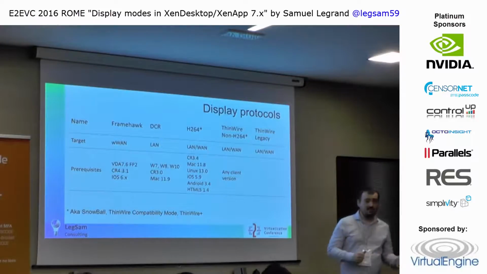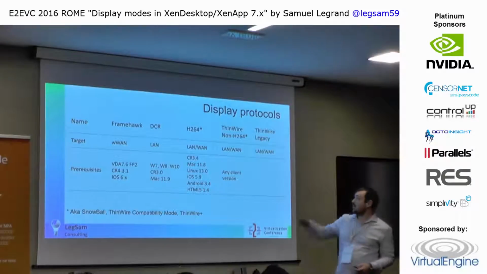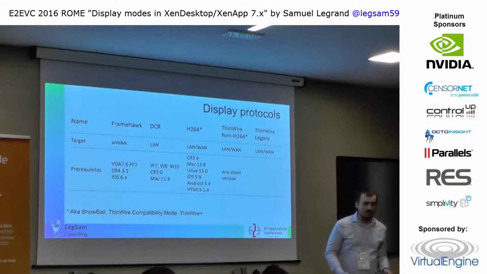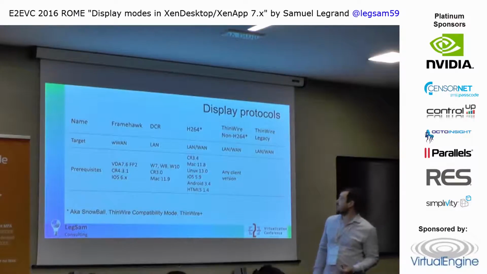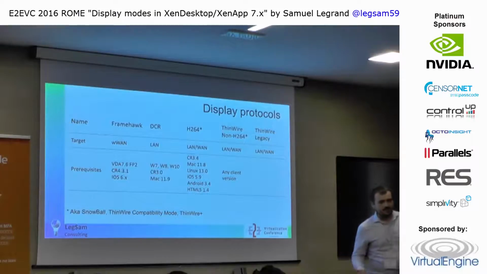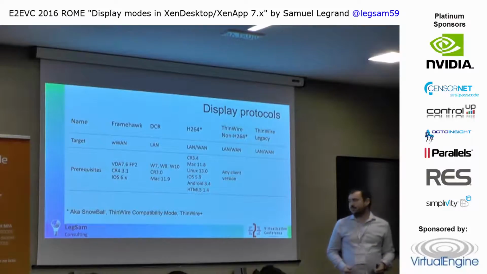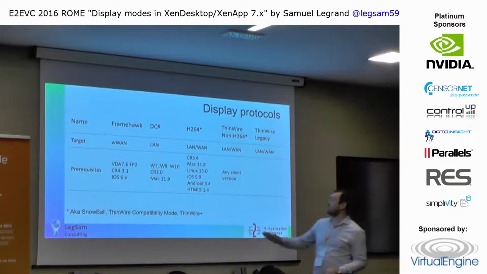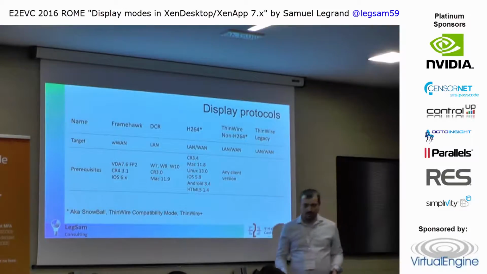H.264 is for LAN and WAN, but uses a lot of bandwidth. Thinwire, non-H.264, not actually using the codecs, and Thinwire Legacy. There is a new one in 7.11, which is a selective H.264, which tries to combine these, so quite good.